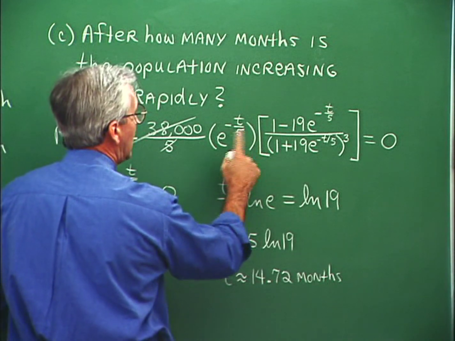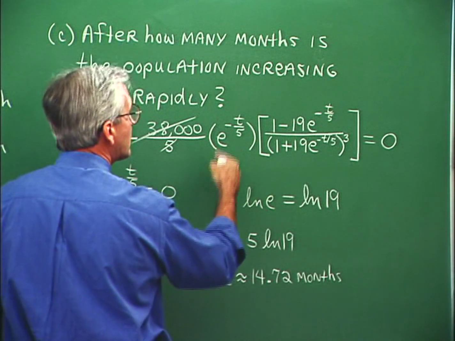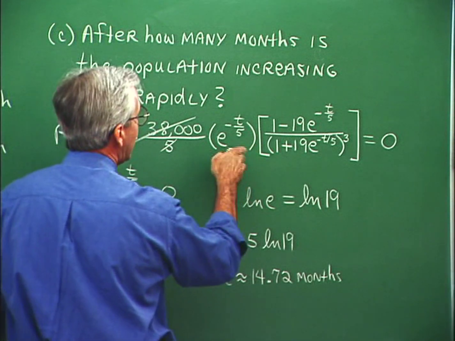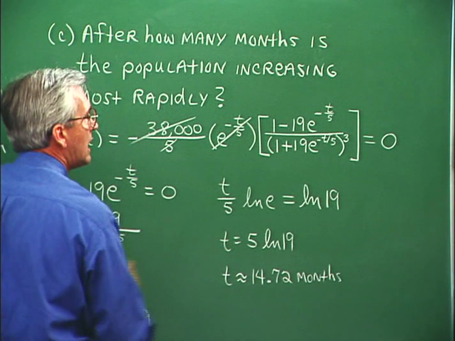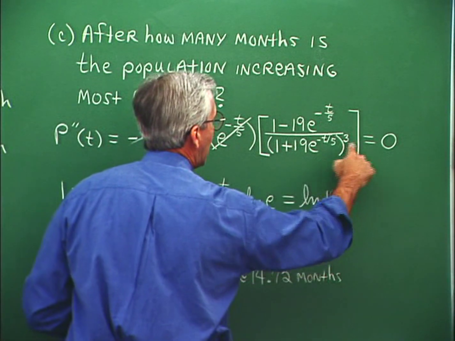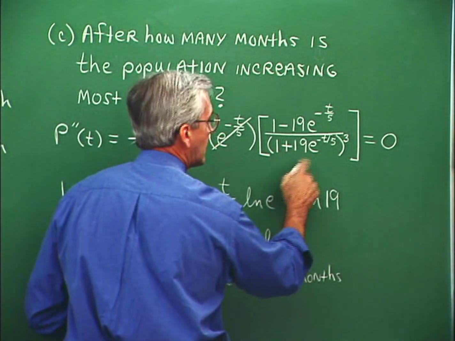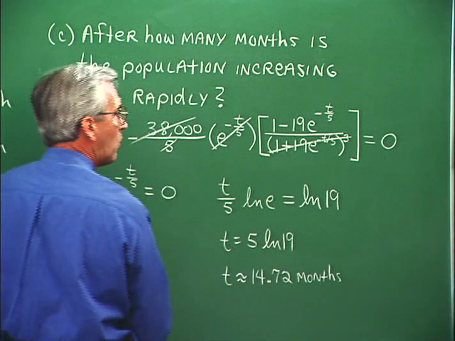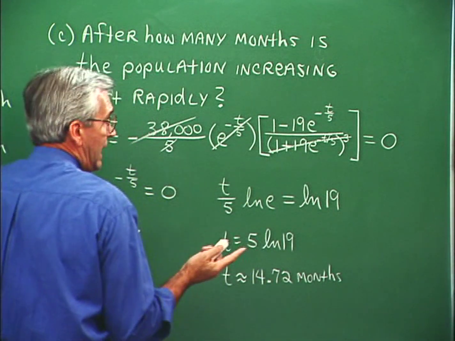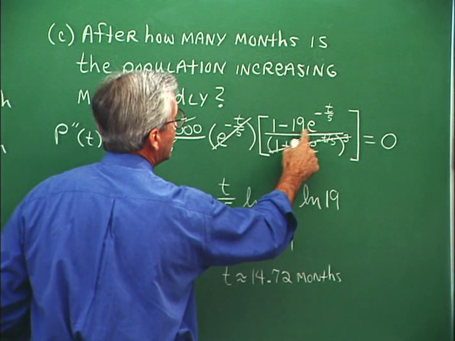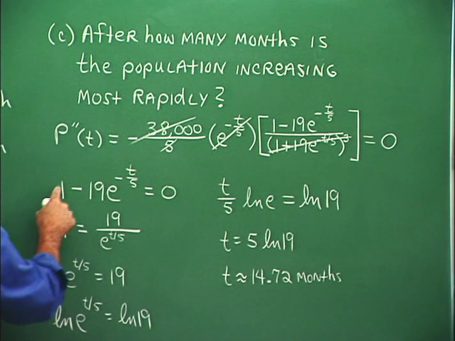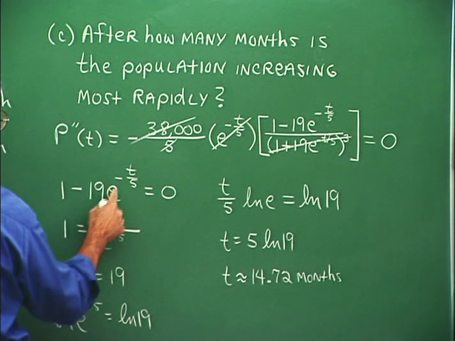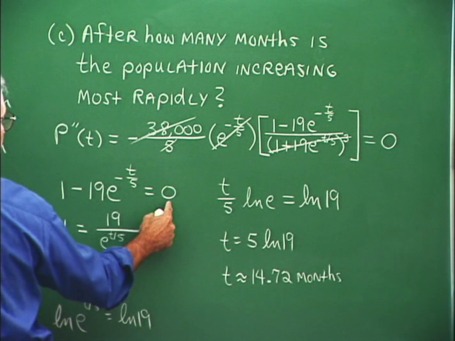So I can multiply on both sides by e to the t over 5 and get a cancellation to 1, and over there it just goes out. In a similar way, I can multiply by this denominator on both sides, and this will cancel, leaving 1, and on the other side 0. So all I have is 1 minus 19e to the negative t over 5 equals 0.